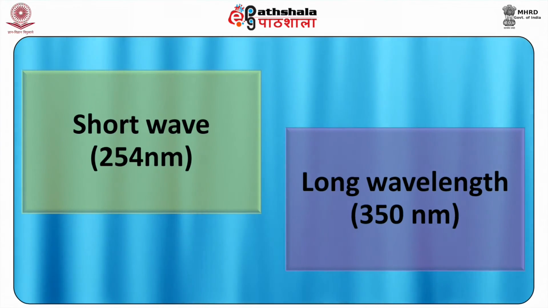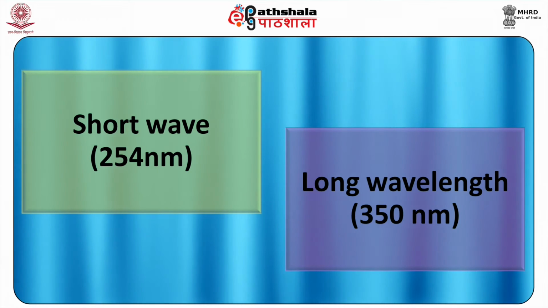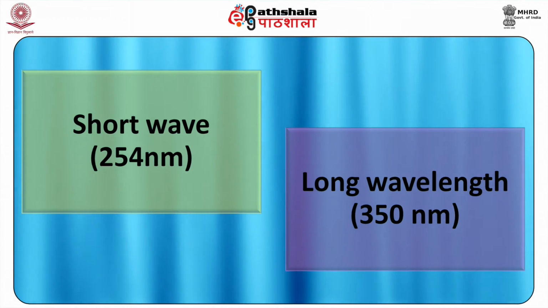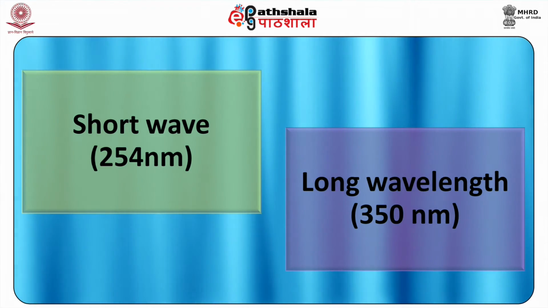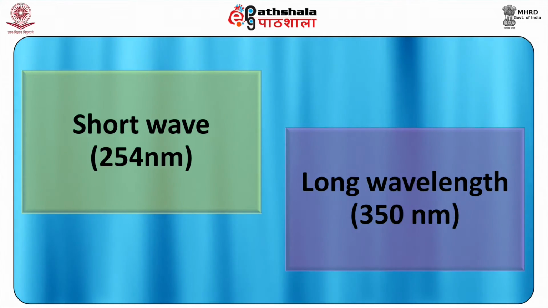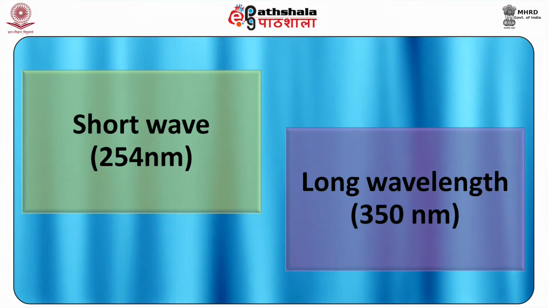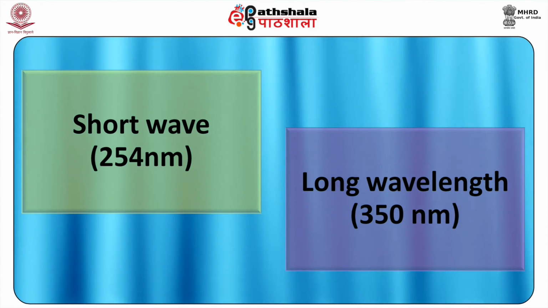Now, this examination is done by observing the glass fragments over a non-fluorescent background by illuminating them consecutively with short wavelength and long wavelength ultraviolet rays, that is, of wavelength 254 nanometers and 350 nanometers respectively.